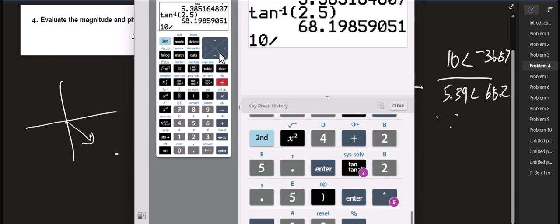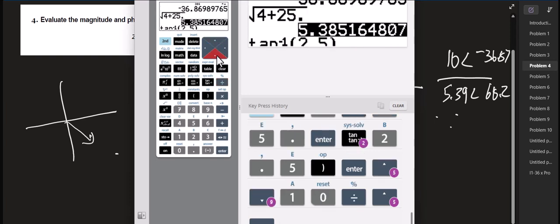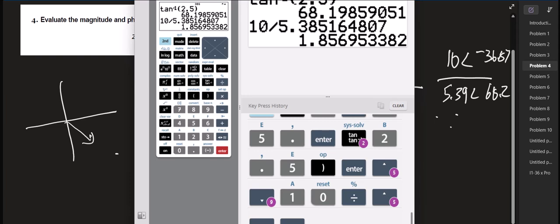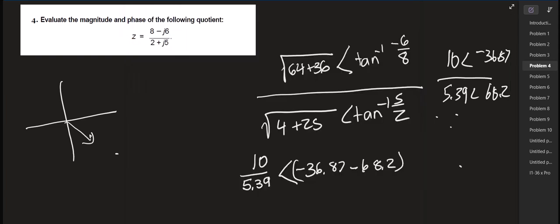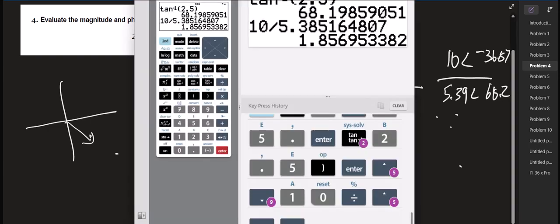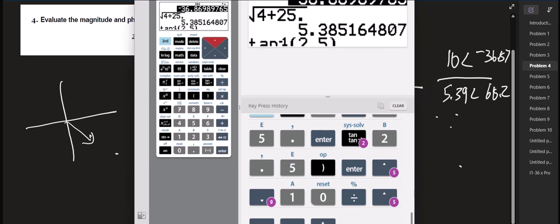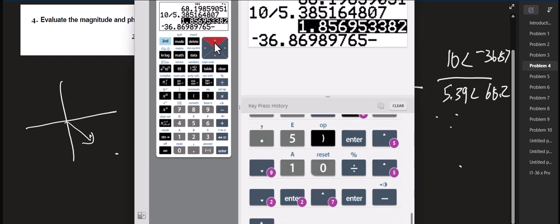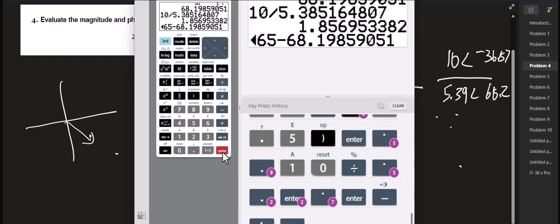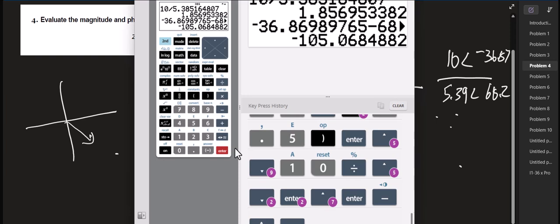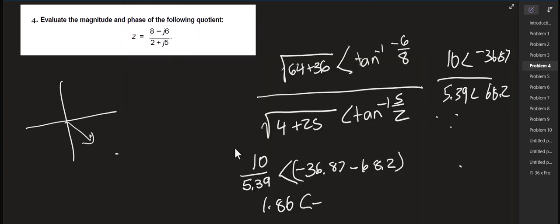So 10 divided by 5.39 is 1.86, and then angle, minus my other angle, is negative 105, angle negative 105 degrees. And that is easier than the way I did it in my notes.